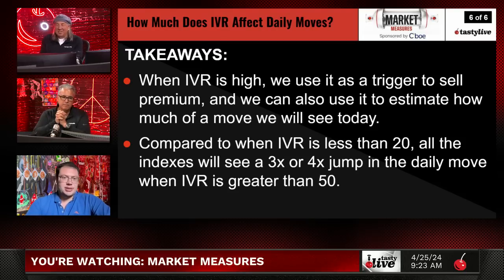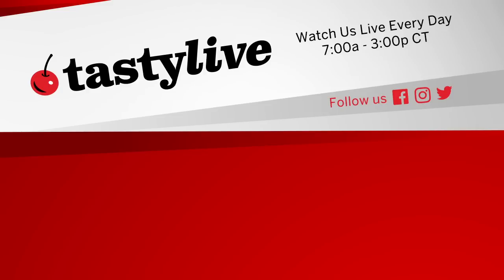It's translating it to one number, which I like. IVR at 36 or 37 translates to a 1% move. Compared to when IVR is less than 20, all the indices will see a 3 to 4 times jump in the daily move when IVR is greater than 50. It goes up a lot faster over 50.